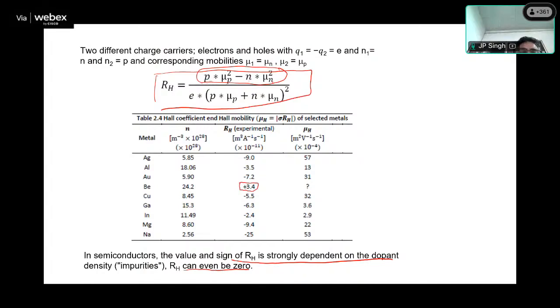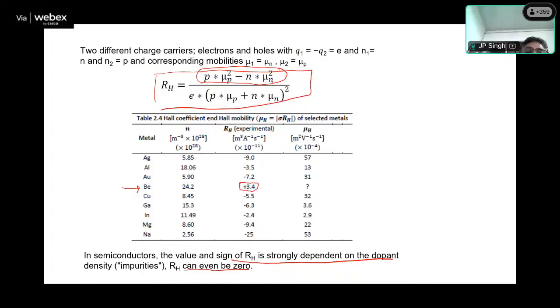Now, one thing is very interesting. There are some metals like beryllium, and other metals like tungsten or cadmium, for which we obtain a positive Hall coefficient. Most of the time you get a negative Hall coefficient, and that is fine, because negative means the majority carriers are electrons.